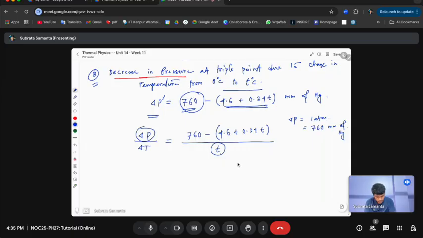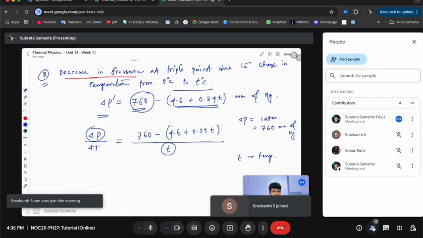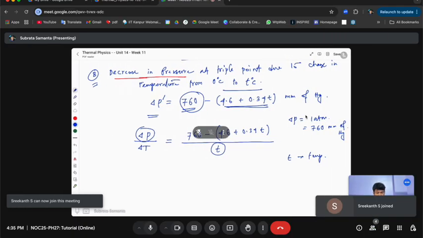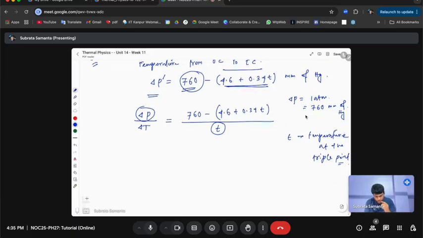So we have to solve this. Delta P is 1 atm, and delta T is given in the problem.